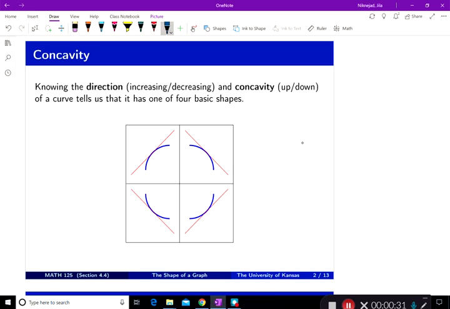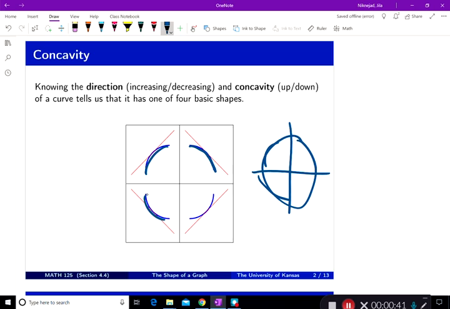So if you break down a circle into four pieces, one piece over here, and the other piece over there, and the other piece over here, over here. You can notice then that the one up here is sitting below the tangent line, so it's concave down, and it's increasing.